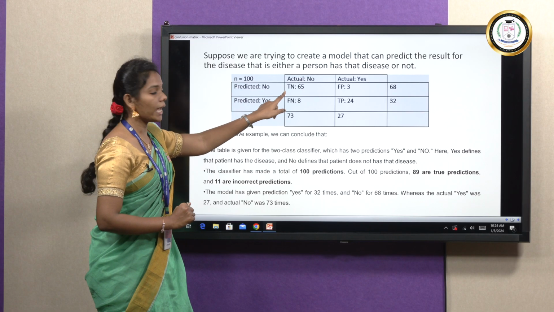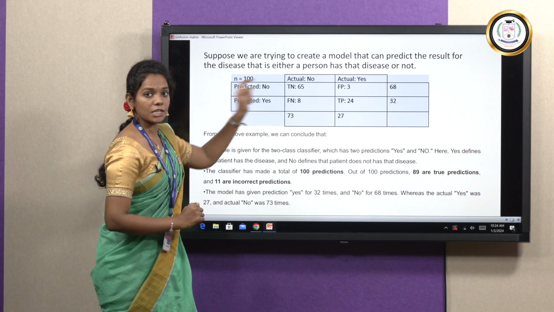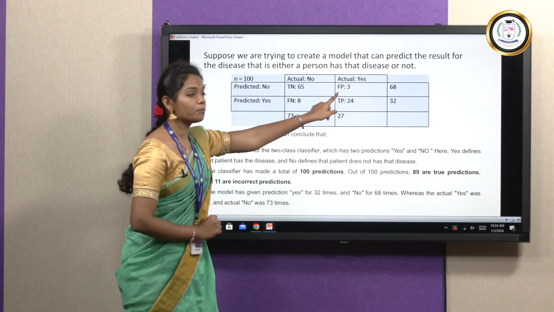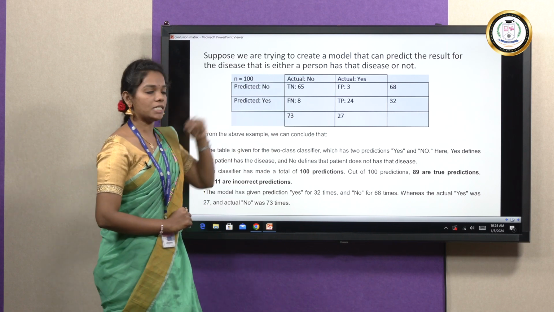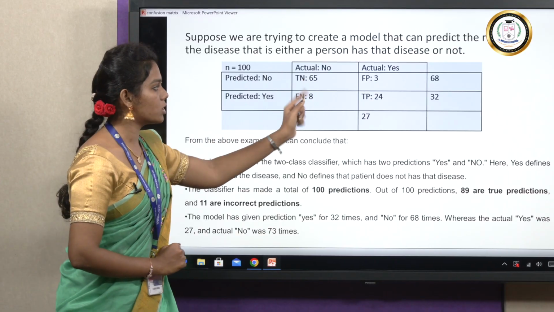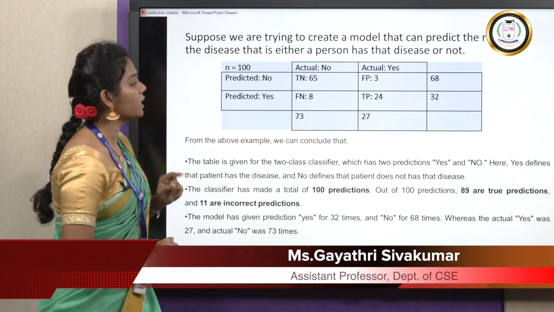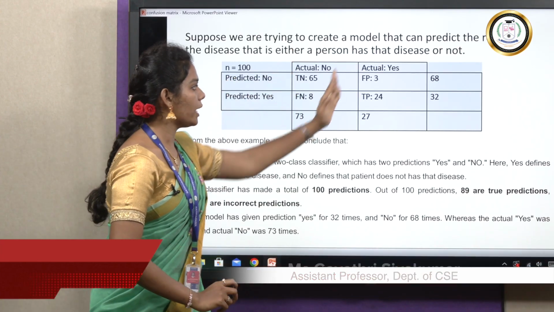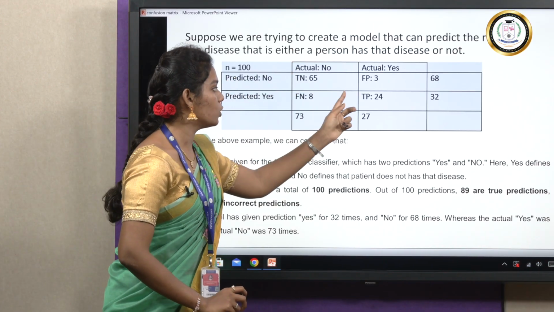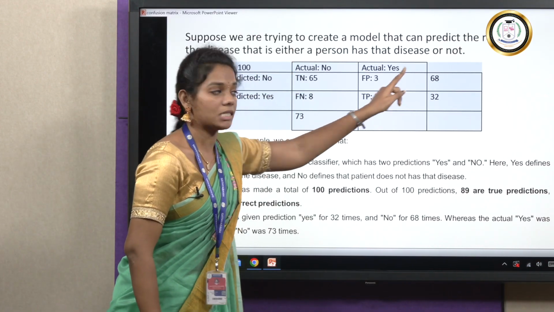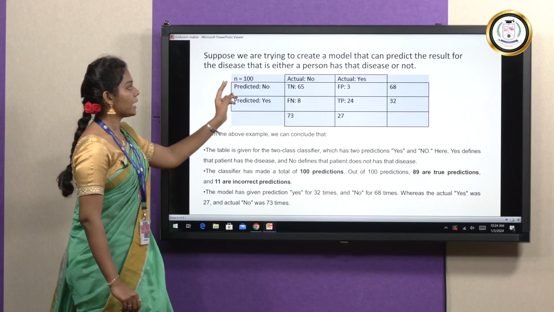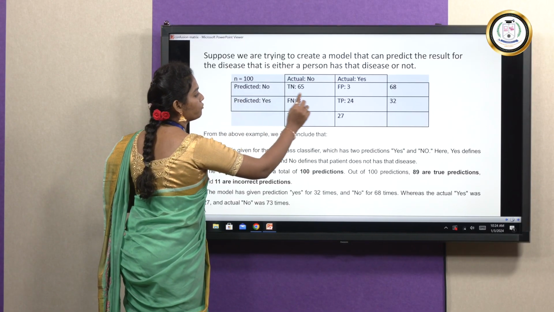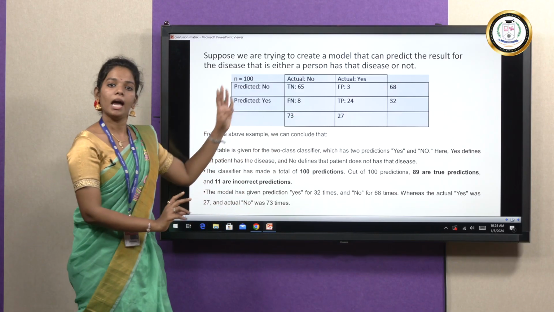TN, that is true negative, is 65 and true positive is 24. False positive is 3 and false negative is 8. This is the count. So 65 plus 8 is 73 and 3 plus 24 is 27. This is the actual no count and yes count. The predicted no count and yes count are 68 and 32. N equal to 100 is the total number, 65, 24, 8 plus 3, which makes 100.